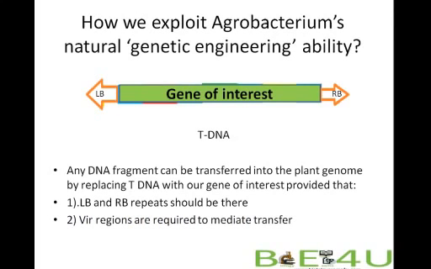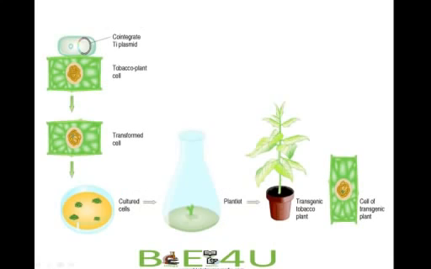Then vir regions are required, which are responsible for transfer. The third thing is the chromosomal virulence genes, or CHV genes, which facilitate the binding and intimate contact of the bacterium to the plant cell. These are the three prerequisites for a successful transfer.